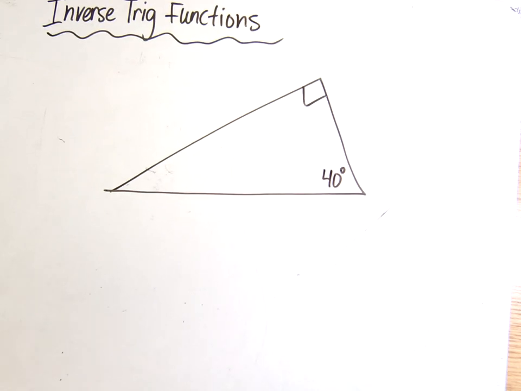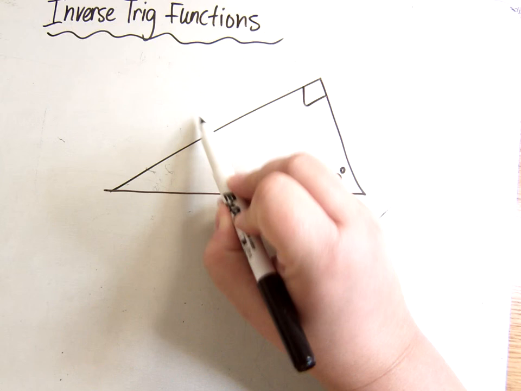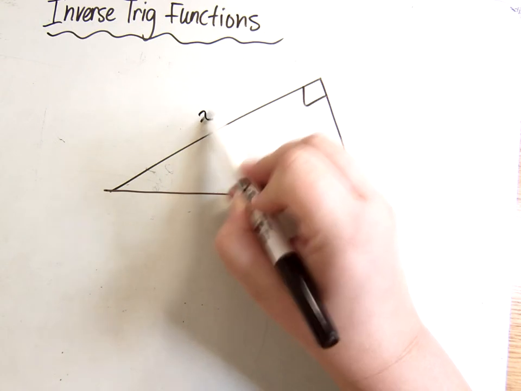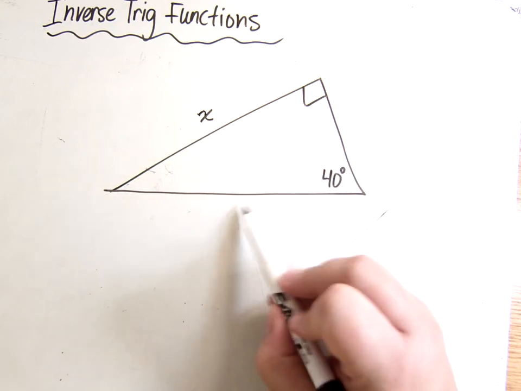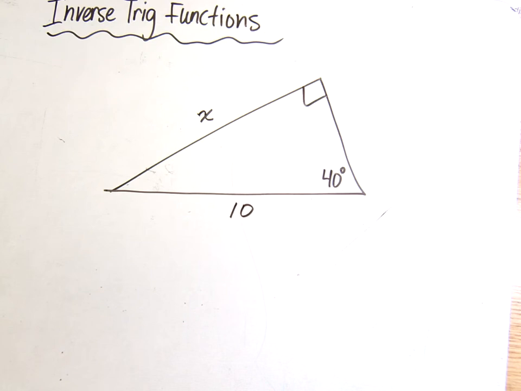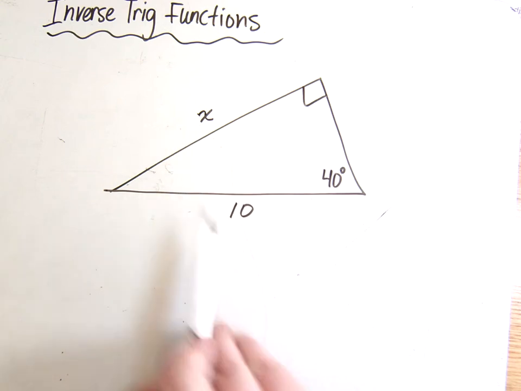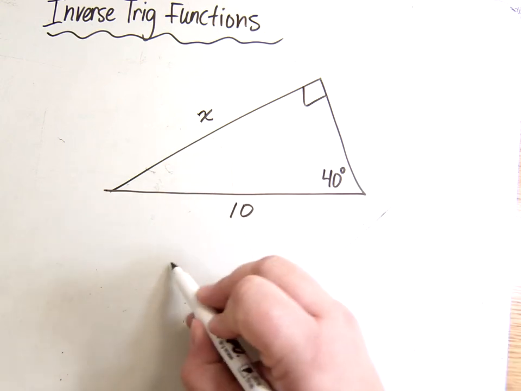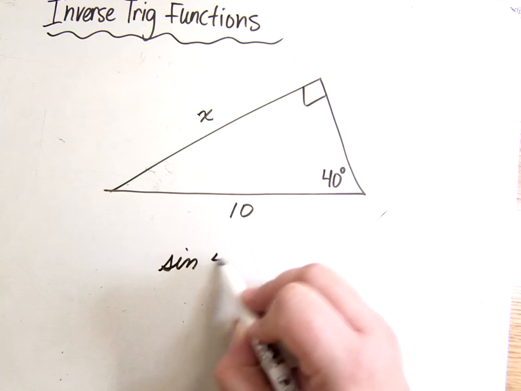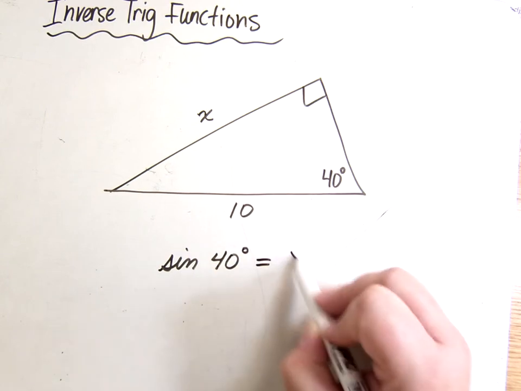So, for instance, let's say this side is X, and this one's 10. Then I could find this missing side length by setting up an equation, because for this angle, this was the opposite side, this is the hypotenuse. I can use sine and say sine of 40 degrees equals X over 10.